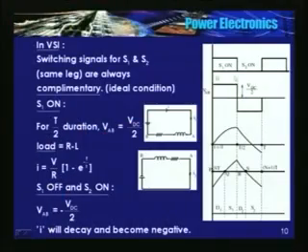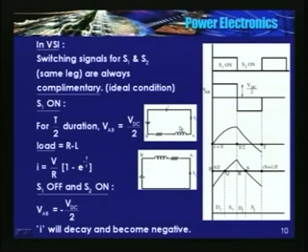So how does this circuit work? S1 is on for T/2 period, then S1 is turned off and S2 is turned on for the remaining T/2 period. So when S1 is on, what is the equivalent circuit?